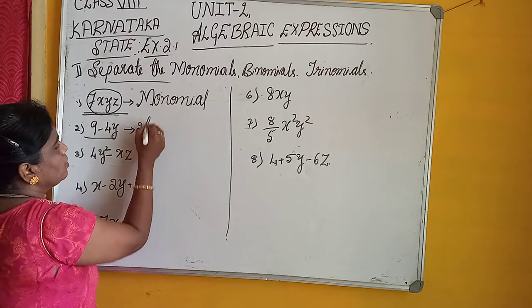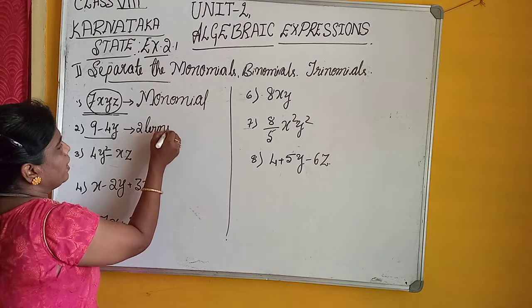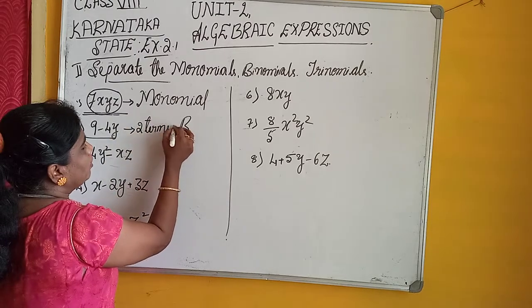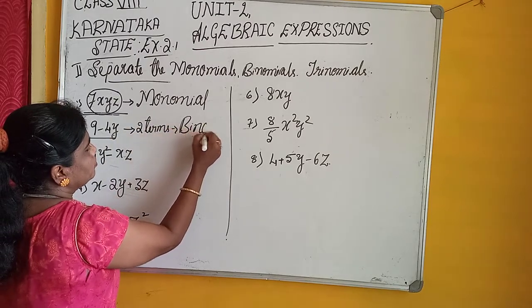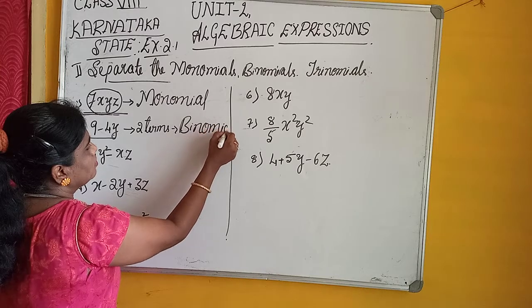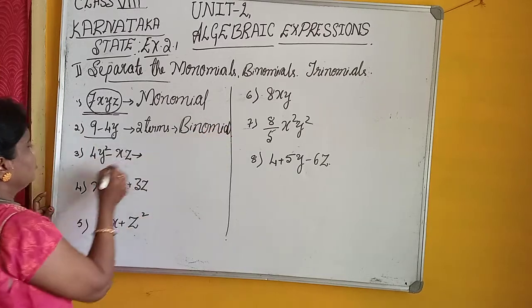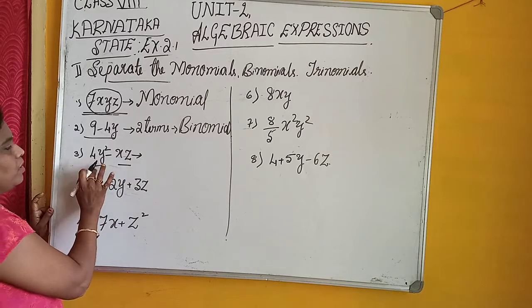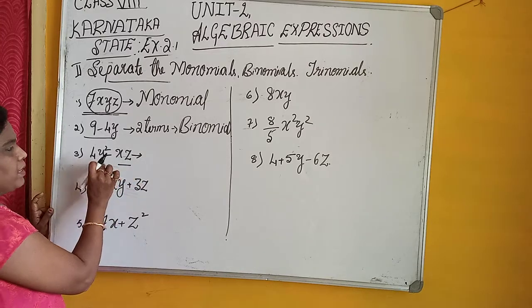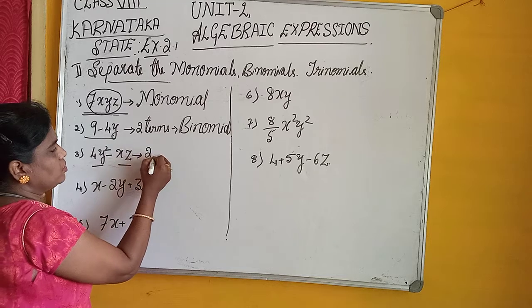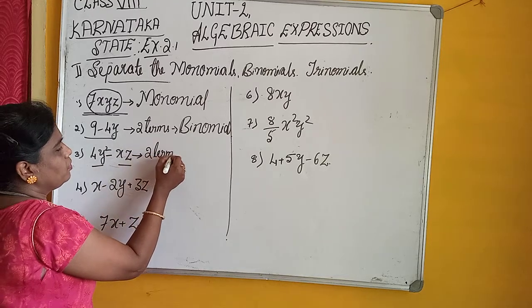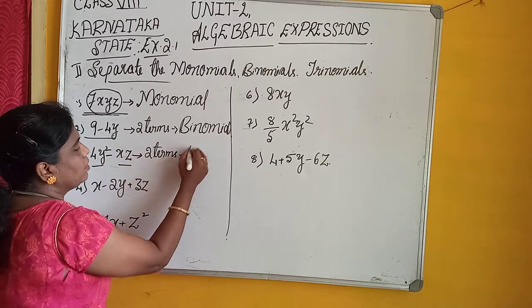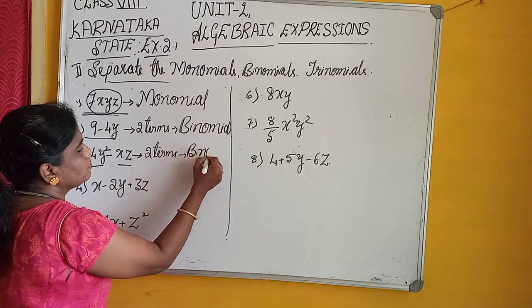Two terms, therefore we have to write binomial. Here also, this is one term, two terms, separated by minus. Here also it consists of two terms. For two terms, we have to write binomial.